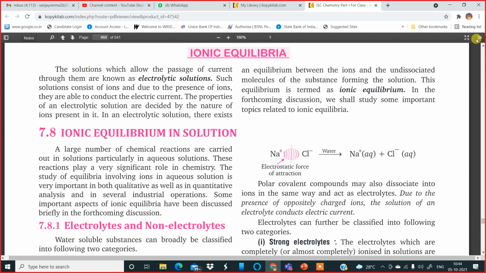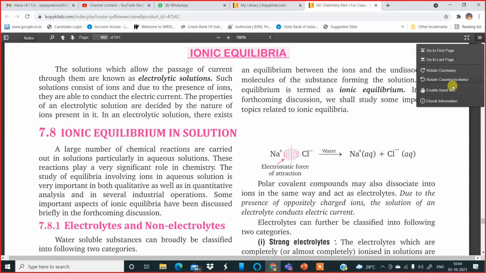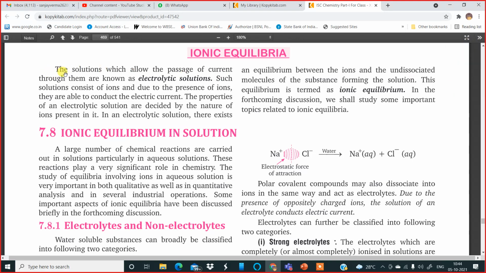Over here, if you look at the explanation, the solutions which allow the passage of current through them are known as electrolytic solutions. Such solutions consist of ions, and due to the presence of ions, they are able to conduct the electric current. So the very fact that ions are there, it is conducting electric current. That's why they are called electrolytic solutions.